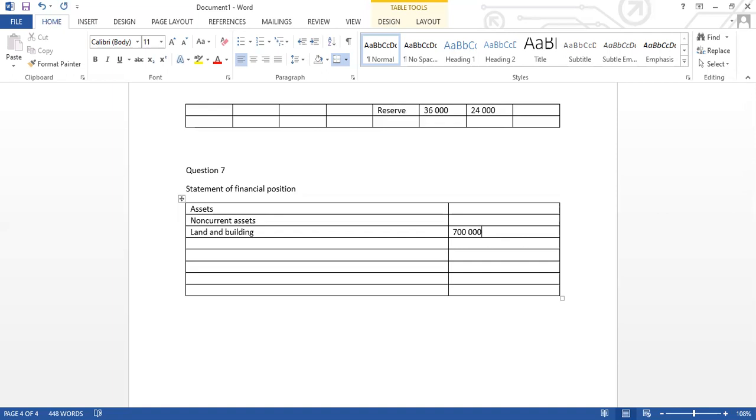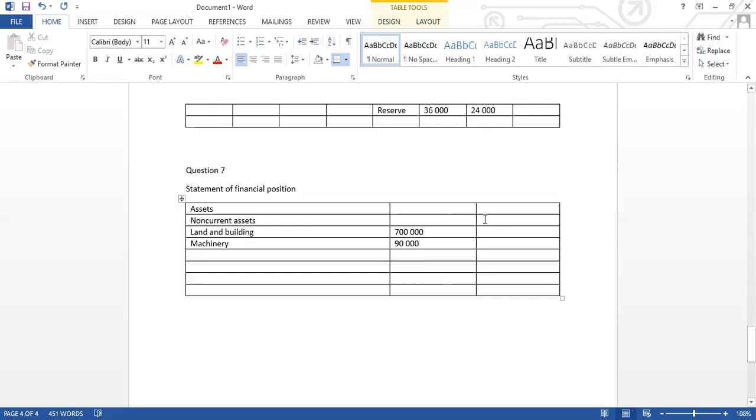It increased from 570,000 to 700,000. So it's 700,000. And then we have machinery of how much? 90,000.